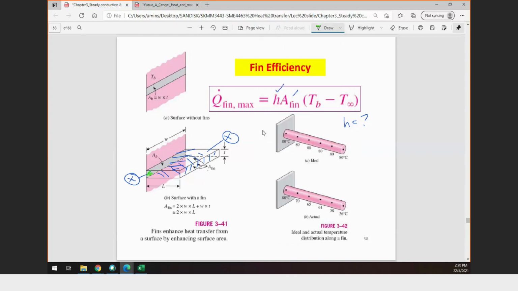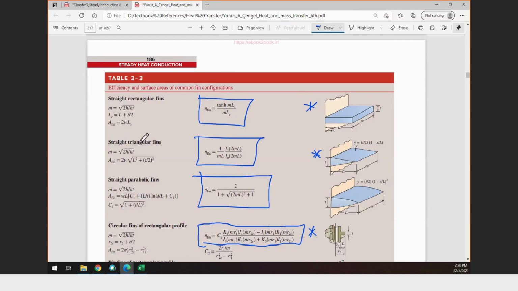So this area and this area are probably not significant compared to the area of the blue sheet. Okay, so that is A fin. But don't worry, if you're not really sure how to calculate A fin, it is given in the table. See here, this is the A fin, the effective area of the fin. It is given already in the table. So that's why I say this table is quite important for you.